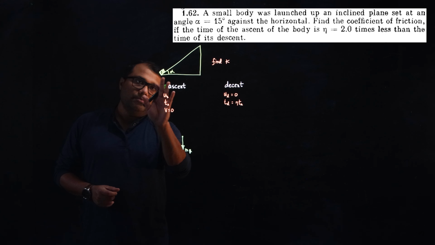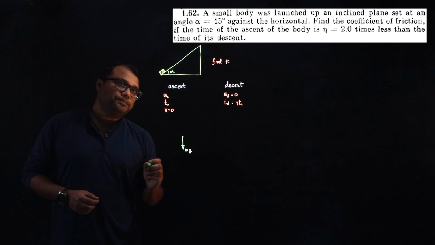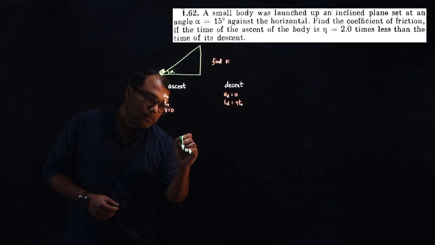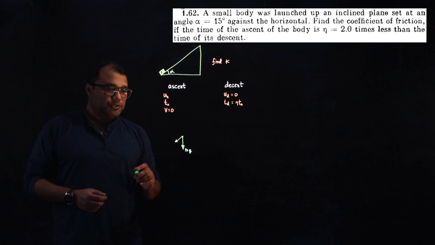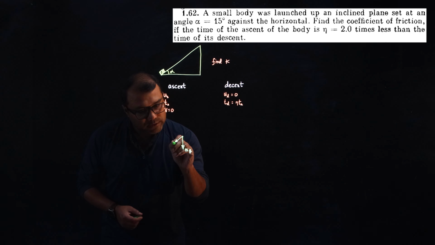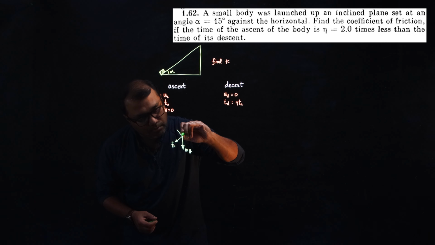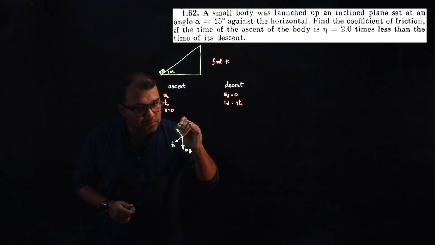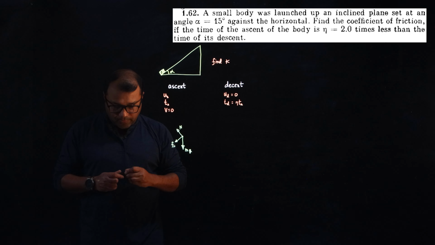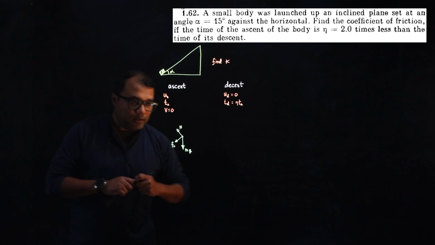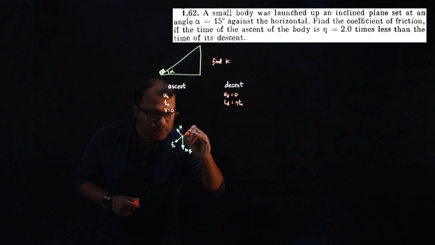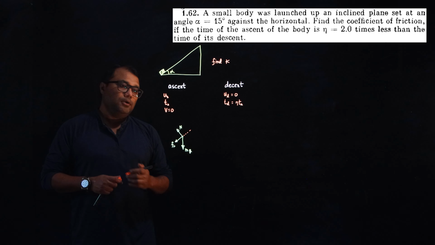Since the body is moving upward, there is a friction force in this direction. So let's write Fr, and there is a normal force right here. And this is the surface of the plane.